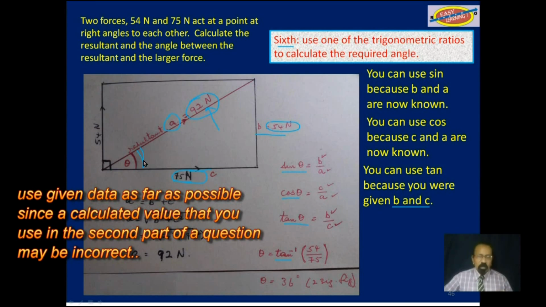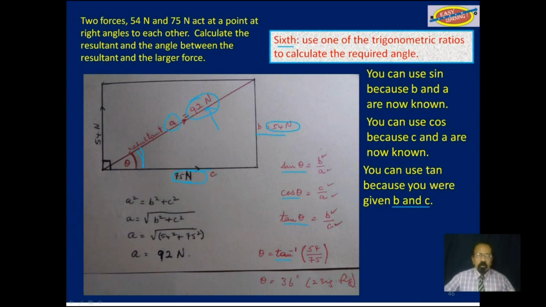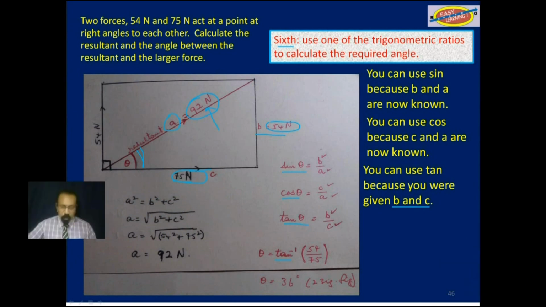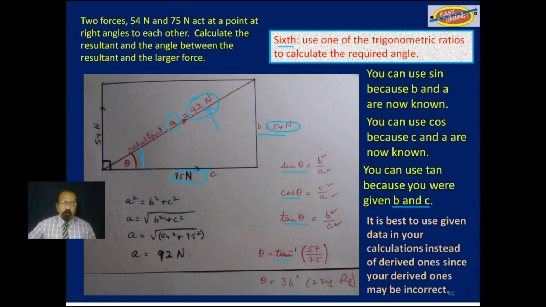Now, CXC will not give you completely wrong. CXC will deduct 1 mark for carrying over an error, provided you do the rest of the working for that part of the question correctly. So as I said, it's best practice to use your original data.